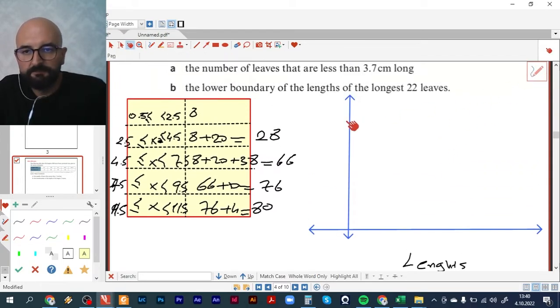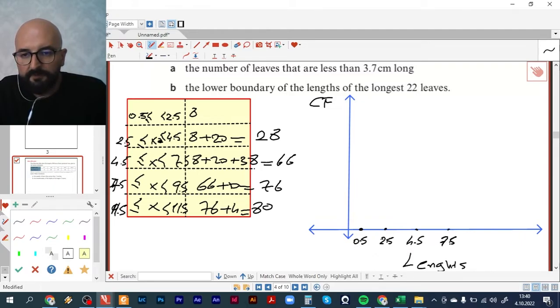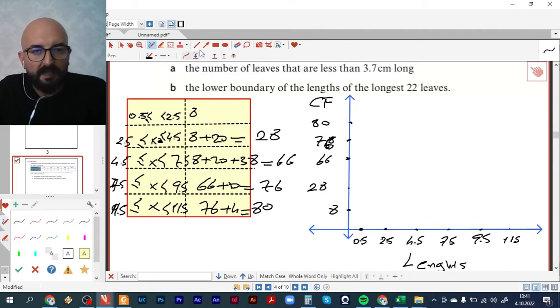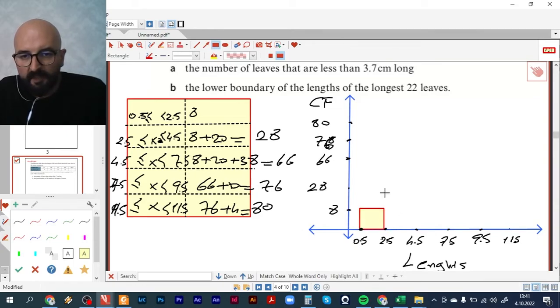And 0.5, 2.5, 4.5, 7.5, 9.5, and 11.5 on the x-axis, and on the y-axis 8, 20, 28, 66, 76, and 80.